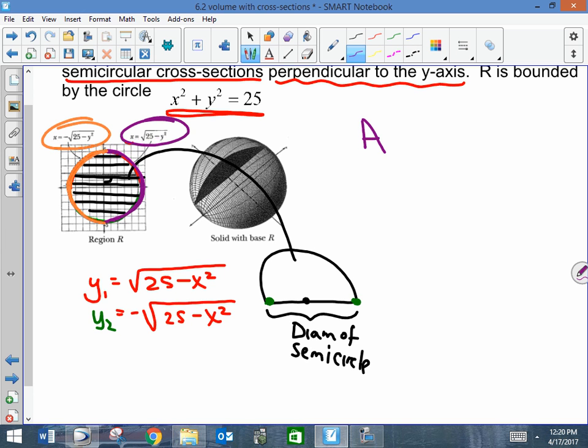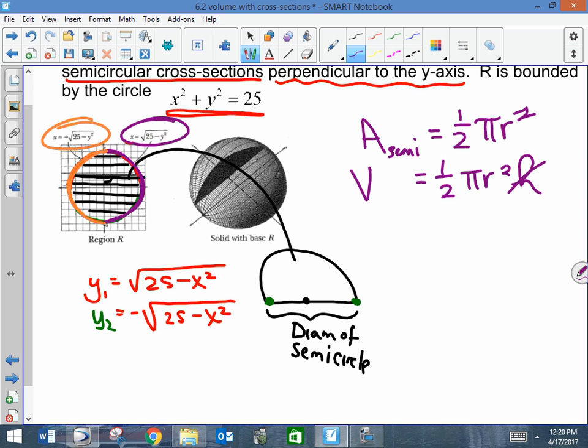Okay? So, purple area of a semicircle. How do you find the area of a semicircle again? Very good. The volume of all the semicircles is one half pi r squared h. H is going to change in y, because we're hitting that y-axis.